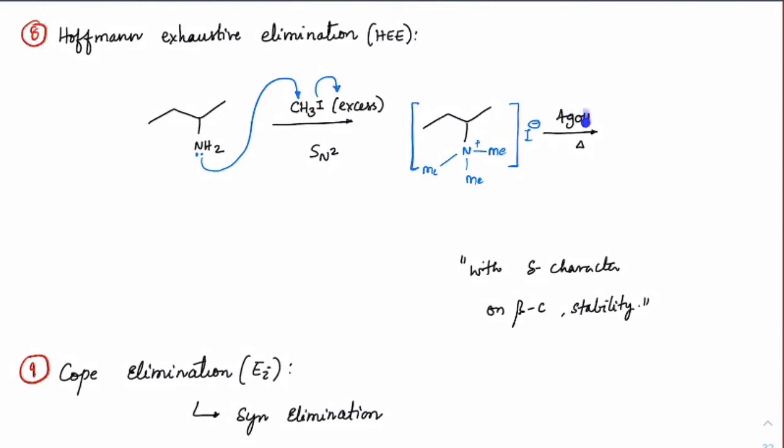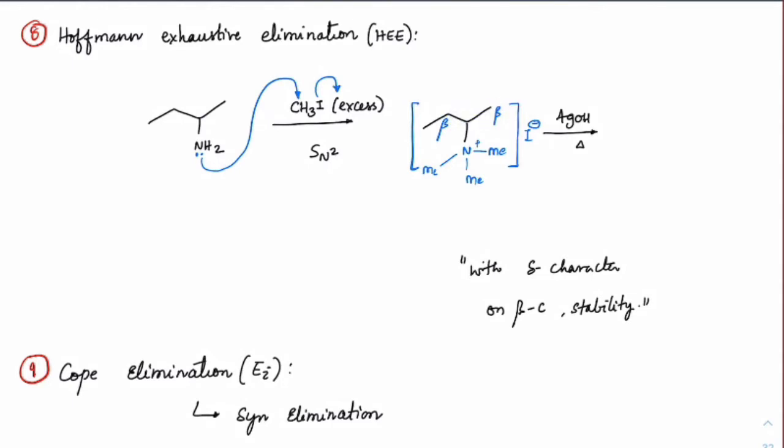When you treat that with AgOH, AgI will immediately precipitate and OH minus will attack as a base. Now when OH minus is attacking as a base, it will look to extract a proton from the beta position. You can see these are the two beta carbons with beta hydrogens present.